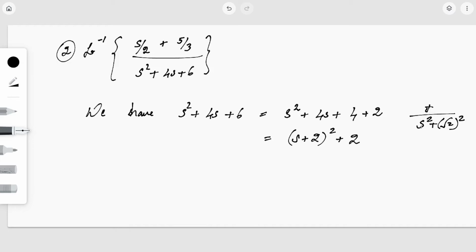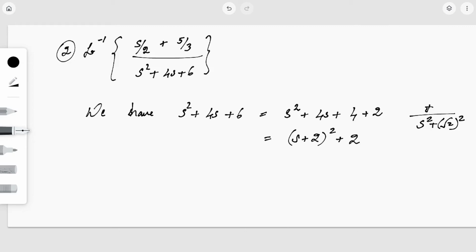But instead of s we have s plus 2. So the numerator instead of s we should be having s plus 2, and 5 by 3 is fine because it is into 1, so we can consider the expansion of our sine. Correspondingly we have to convert this s by 2 to some form in terms of s plus 2, right?